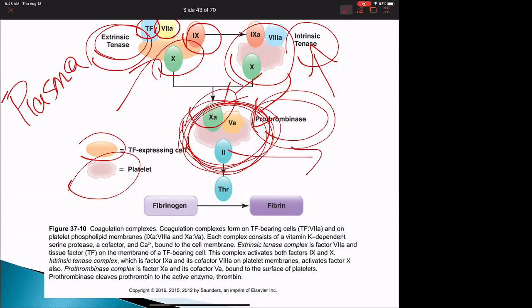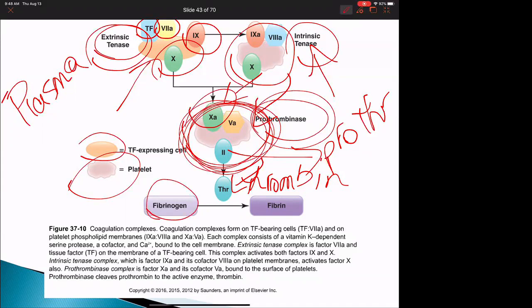So this is prothrombin right over here, and it cleaves it to an active enzyme called thrombin. That's thrombin right over here, okay? Thrombin will have many different functions, but the main function is to turn fibrinogen over here into the fibrin clot. So this is the whole point of coagulation: we want to form all these complexes to eventually form thrombin, because thrombin is going to go and activate fibrinogen to fibrin, okay?